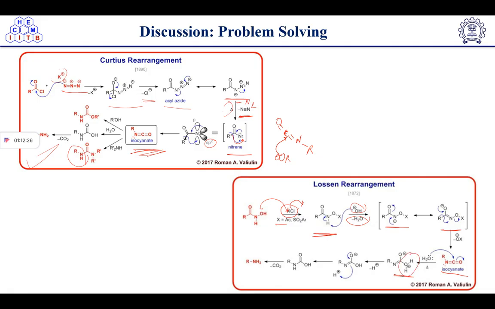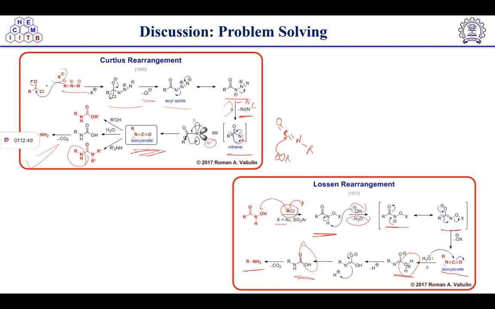Okay, water. Then proton transfer will take place and we will get the corresponding acidic functional group here, and a CO2 elimination will result in the formation of a primary amine.